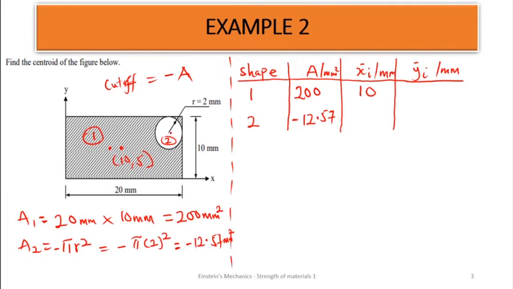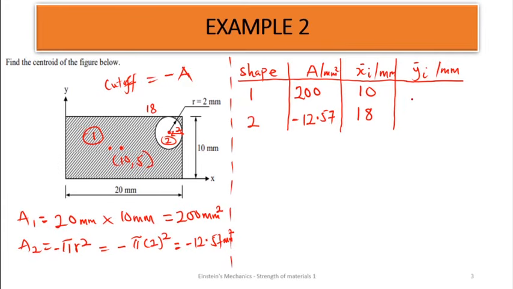What about the circle? By how much should I move to get to the center? Remember, to move from here and get here, the entire thing is 20, and there's a radius here where you are not going, which is 2. So when you subtract this 2 from the entire 20, you are going to get 18, because you have to move all this way to get here. It is 18.